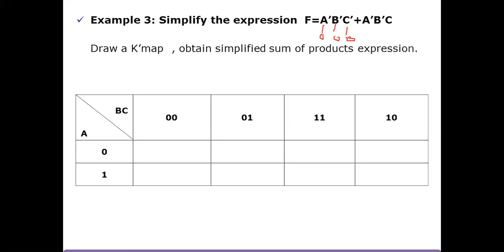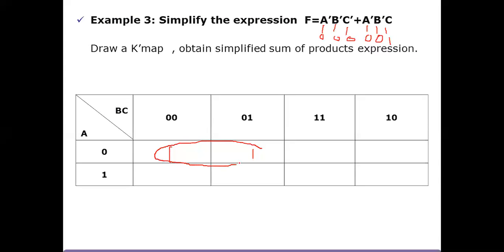So the corresponding box or cell which corresponds to 0, 0, 0 is this one. So it is 1 here. And you have A dash, B dash, C. A dash is 0, B dash is 0, and C is 1. A dash, B dash, C should be here. This one. Okay.